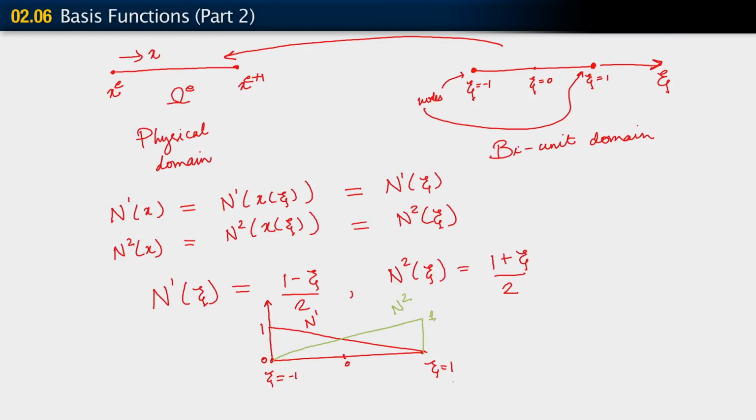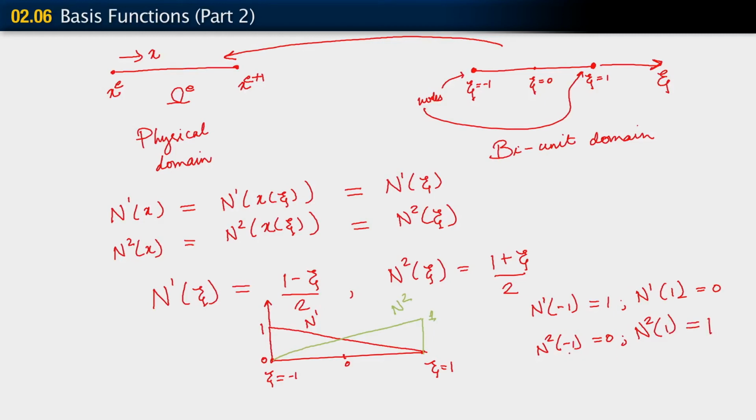So let me just write those facts here. What we observe is that N1 at xi equals minus 1 equals 1, N1 at xi equals 1 is 0, N2 at xi equals minus 1 is equal to 0, and N2 at xi equals 1 is 1.